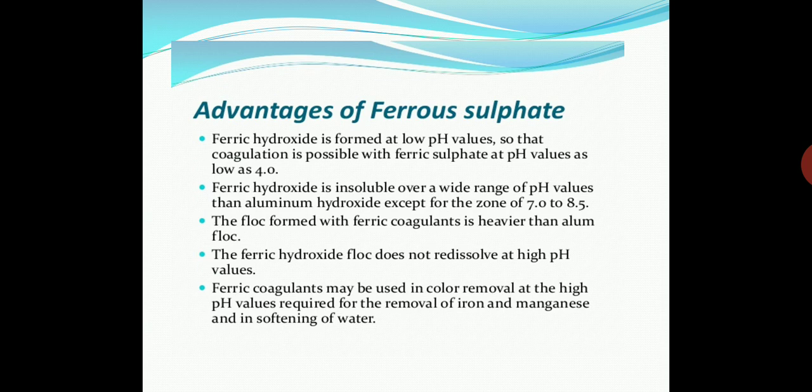The ferric hydroxide floc does not redissolve at high pH values, and ferric coagulants may be used for color removal at the high pH values required for the removal of iron and manganese and in softening of water.